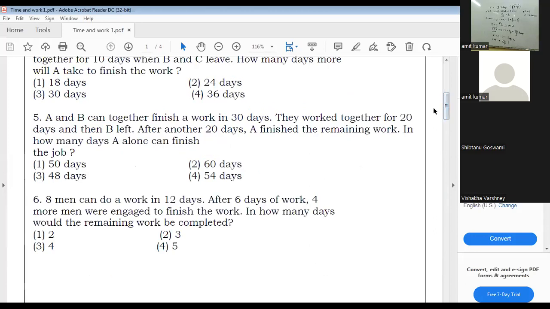See, question number 5 says A and B can do a piece of work in 30 days. They work for 20 days. I will solve it again. Then both will be cleared. As we did in this question, we are going to follow the same pattern. A plus B can do a piece of work in 30 days, and they both work together for 20 days.